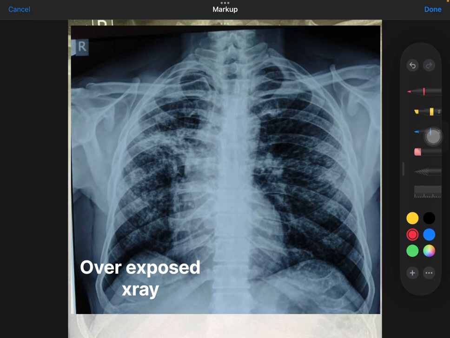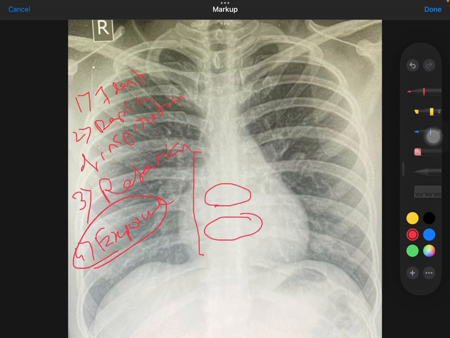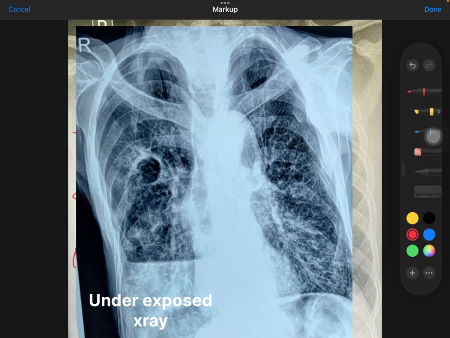Sometimes we may miss some nodules or opacities that are actually already present in the lung. Now there will be other X-rays where you will see these intervertebral discs are not visible at all, that these are white and opaque, and the lung parenchyma is also whitish. That is underexposed.